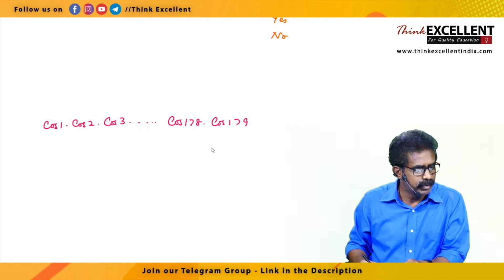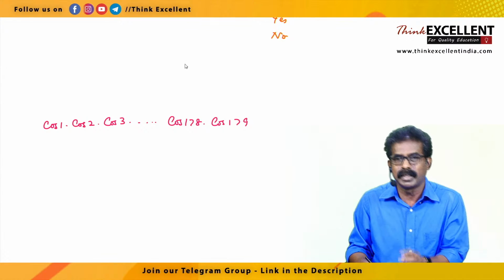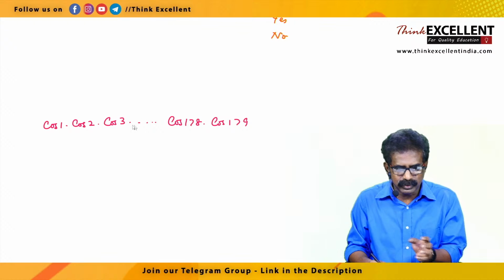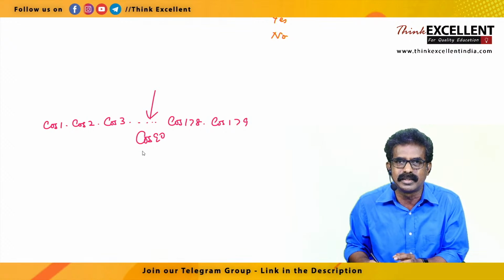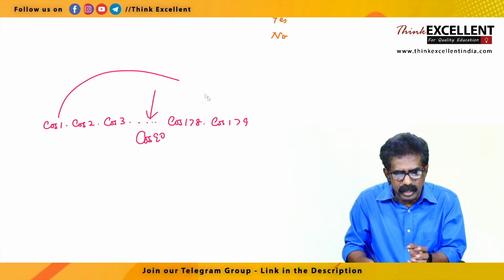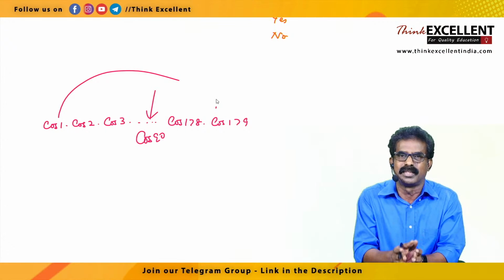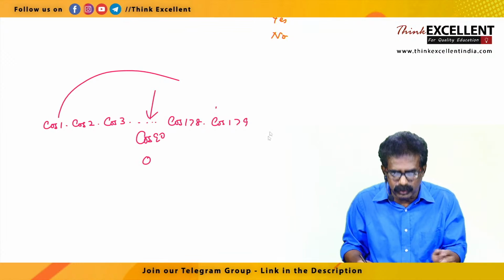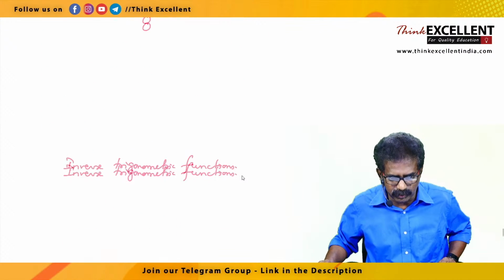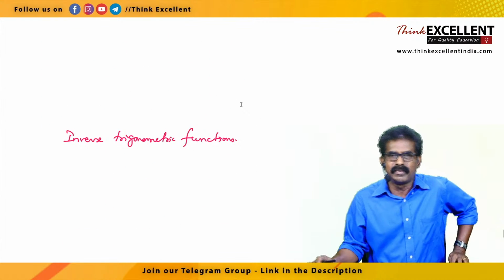Yes, Deepak, so many zeros. Good. Because cos 1, cos 2, cos 3, somewhere you will get a cos 90. What is cos 90? Don't think. Cos 90 will come at one place, and the answer for cos 90 is 0. So totally the answer is 0 only.